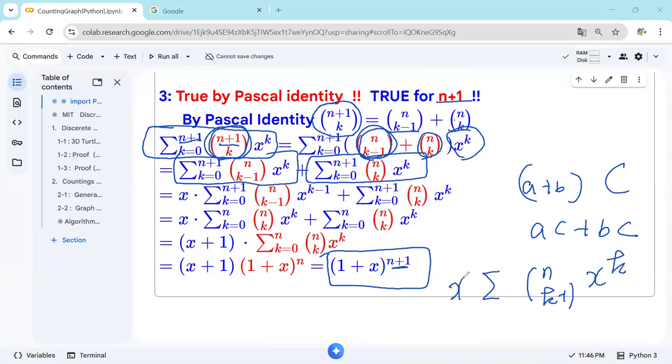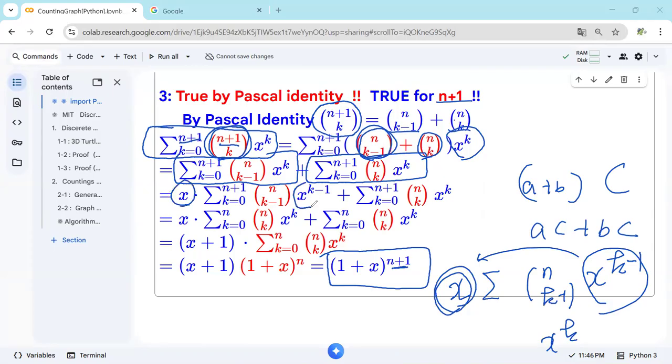If the x is going out, then this one must be x to the k minus 1, because multiplying this one and this one, you have x to the kth power. And this coefficient is the same as this.